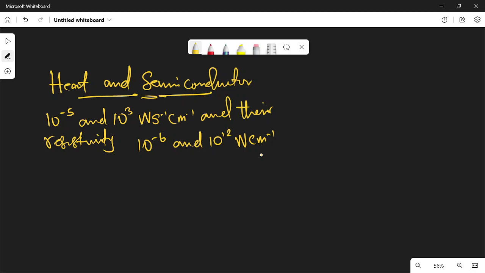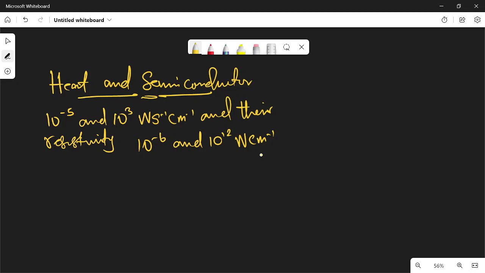So examiners don't usually use conductivity values to test you on conductors, but for semiconductors, examiners will test whether you can identify a semiconductor using its conductivity value.